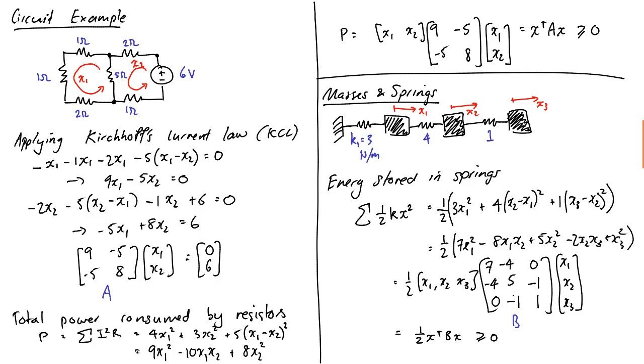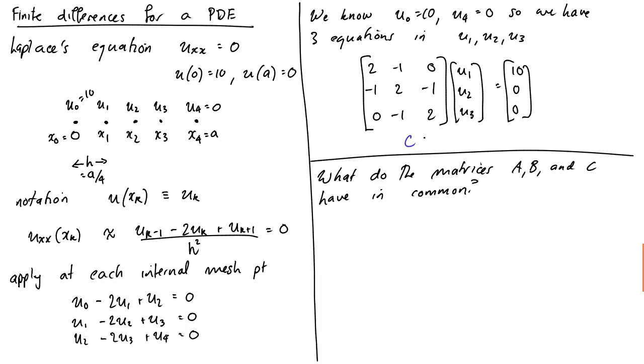Likewise with the B, by choice I made that symmetric. And for this one here, this one is symmetric automatically because of our choice of finite differences. So first off, you can see that they're symmetric. Okay, and what else?